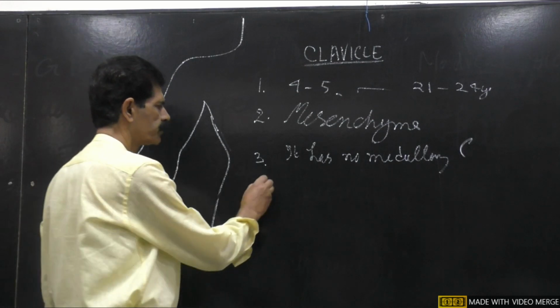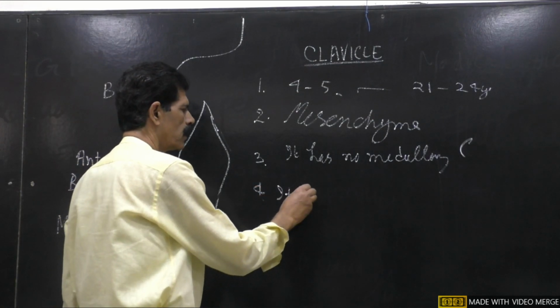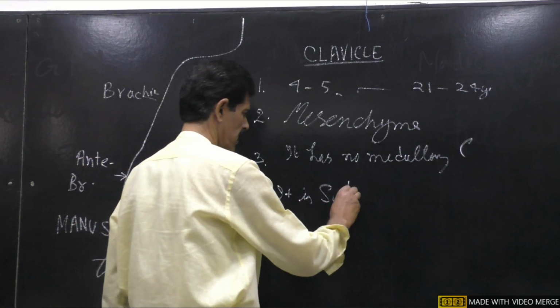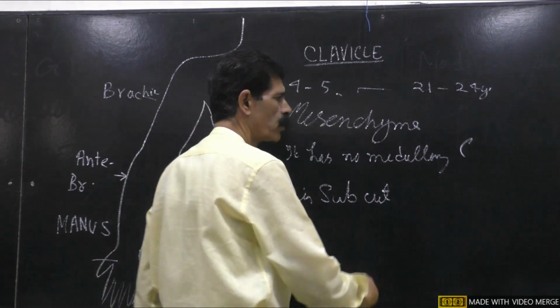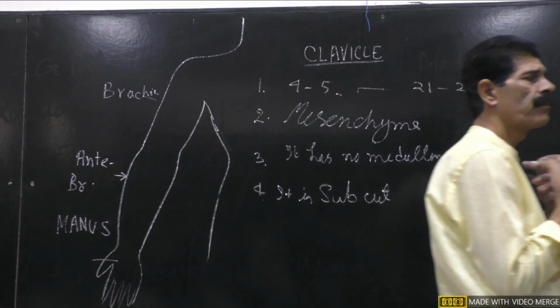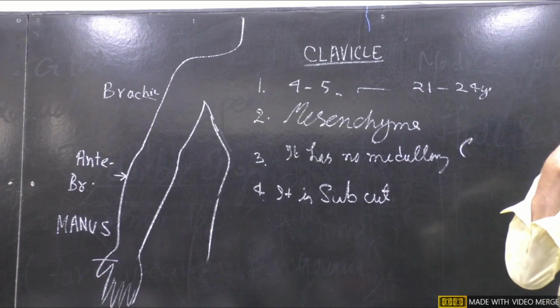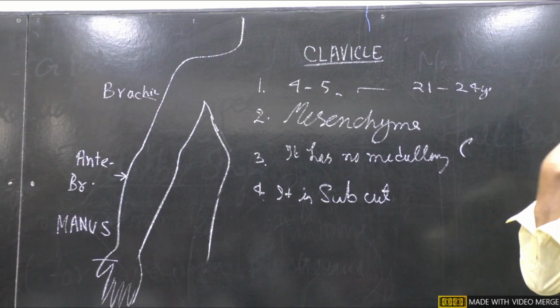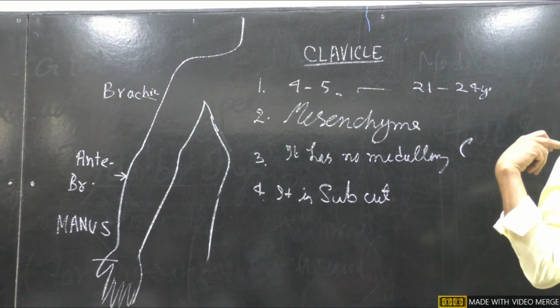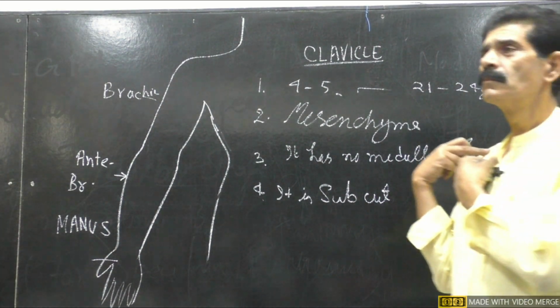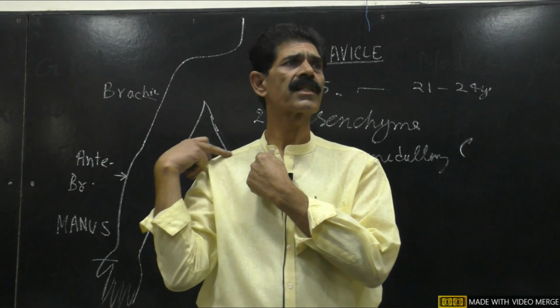The fourth one, it is subcutaneous throughout its extent. What is subcutaneous? If you touch it from the medial end till the lateral end, it lies just below your skin. You can touch the whole of the extent.